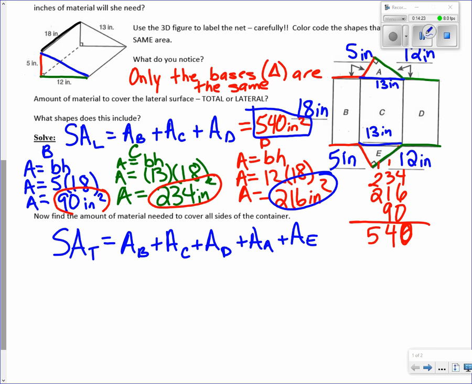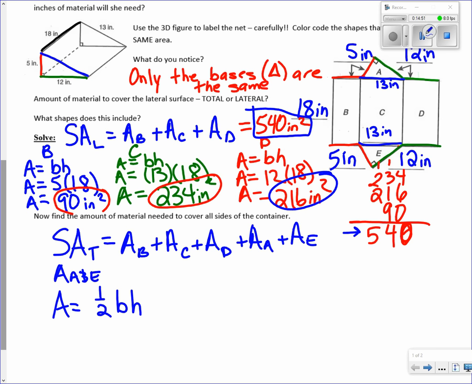Now, we said earlier that A and E, those two triangles, have the same measurement. So all we have to do is take our lateral surface area that we've already figured out and add those two triangles. So my area of A and E, and we know area of a triangle is 1/2 base times height.